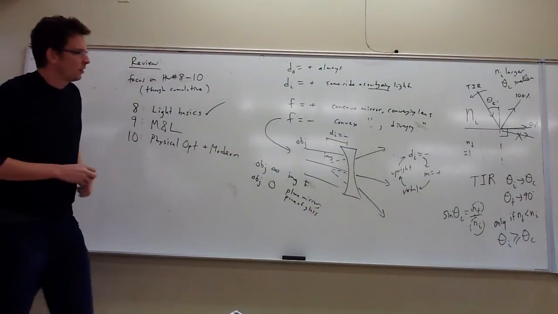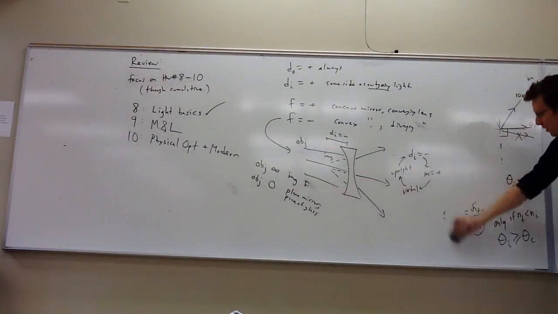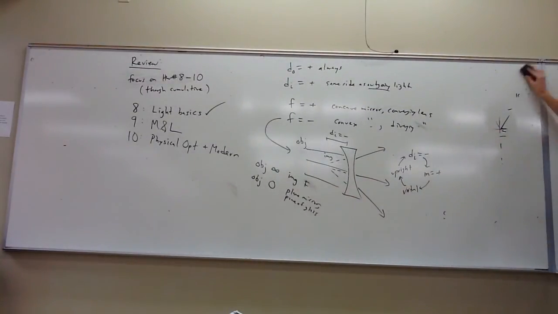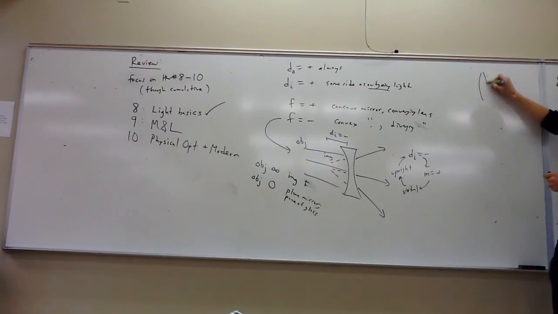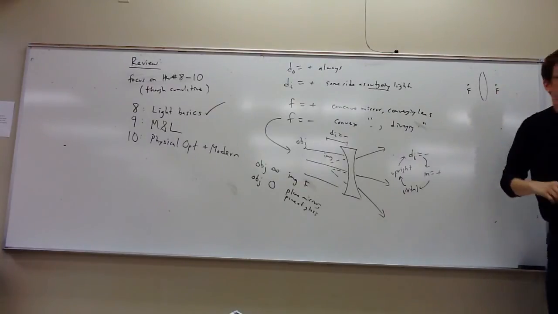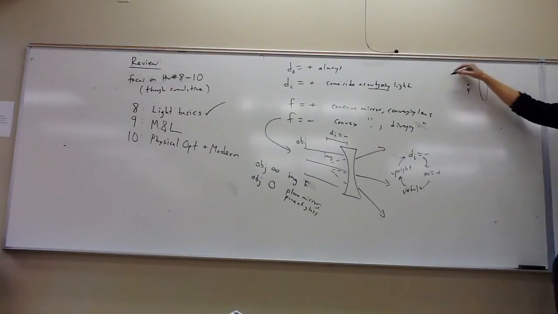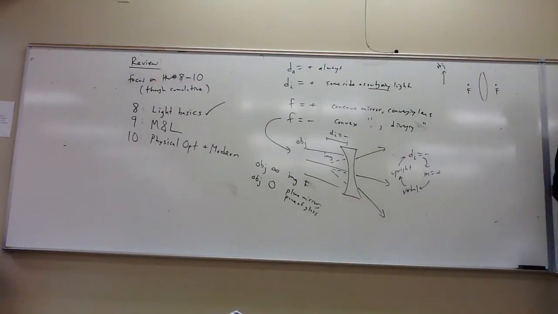The more complicated case is the concave mirror and converging lens. The reason why is because for a converging lens, there is a huge difference between whether the object is outside the focus or inside.